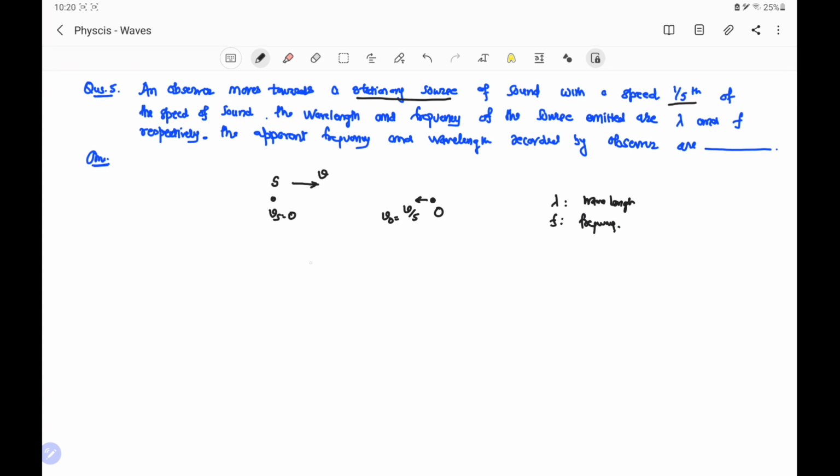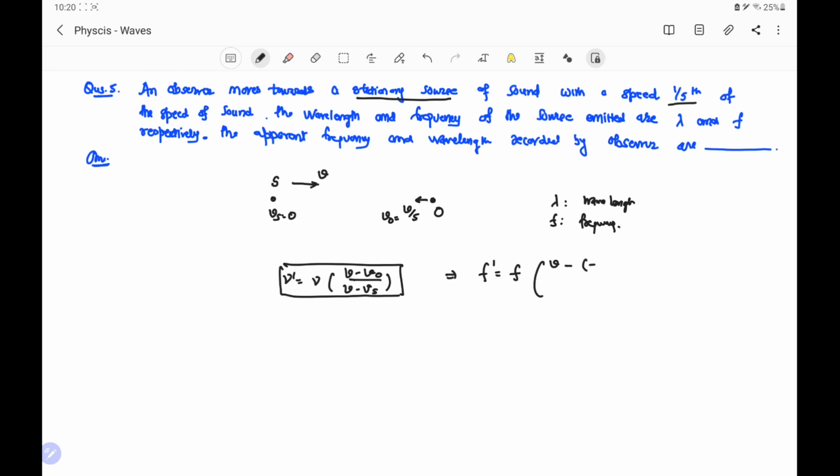So to find the apparent frequency, we use Doppler effect formula, that is nu dash is equal to nu into V minus Vo by V minus Vs, and substituting the values here, we will have f dash apparent frequency equal to natural original frequency multiplied by velocity of sound V minus velocity of observer.